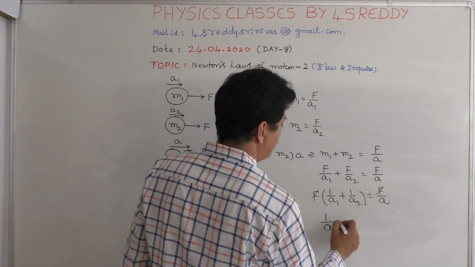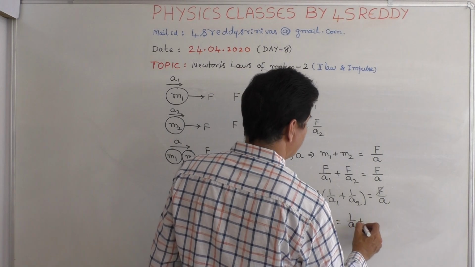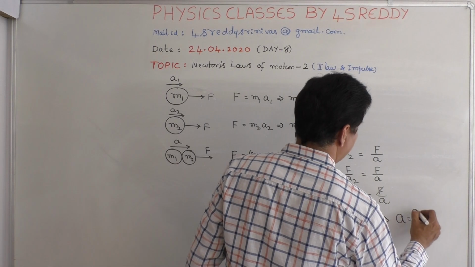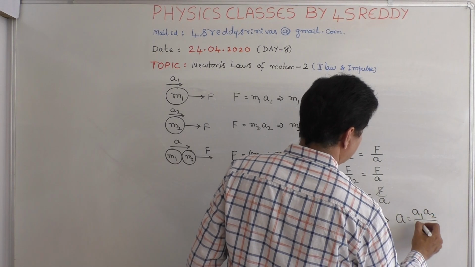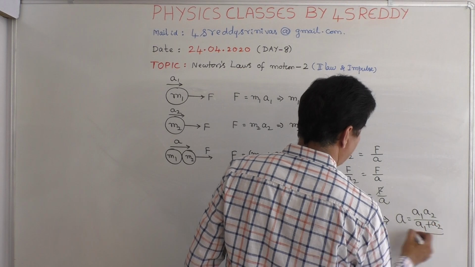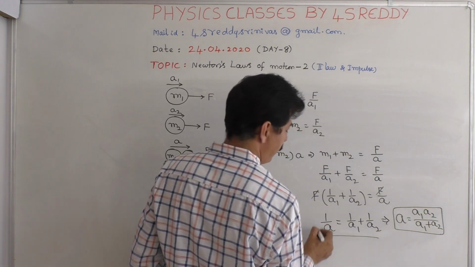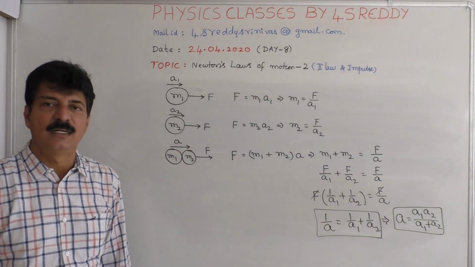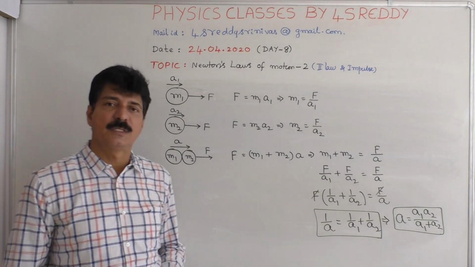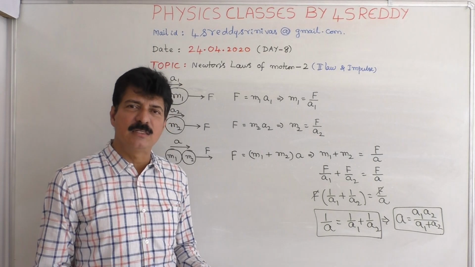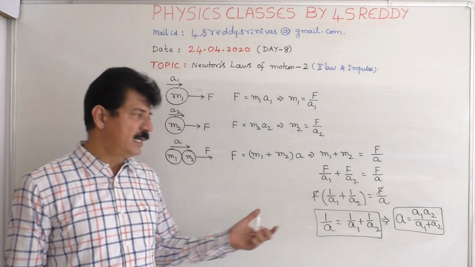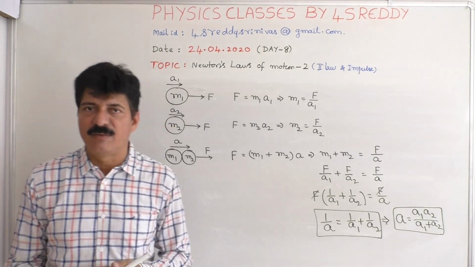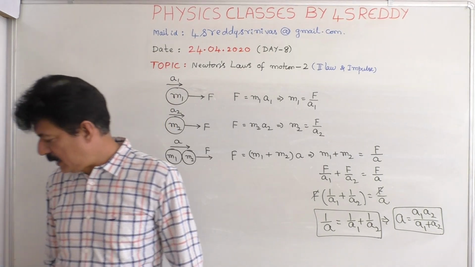Therefore 1 by a is equal to 1 by a1 plus 1 by a2, which implies a is equal to a1 a2 by (a1 plus a2). That is about the concept. For any given numerical values of a1 and a2, we can calculate acceleration directly using the formula a is equal to a1 a2 by (a1 plus a2).